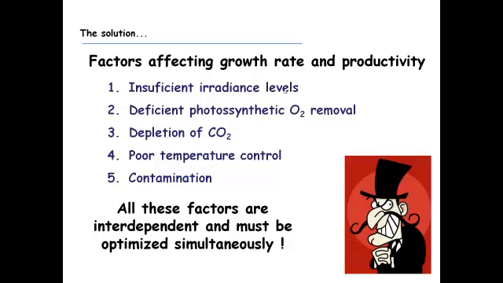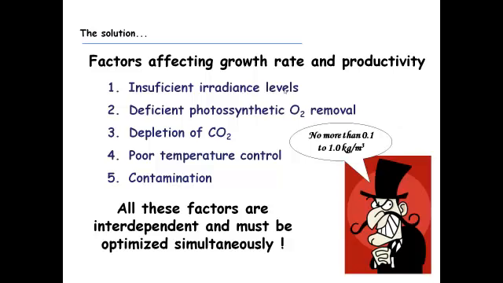Another problem that may occur is the depletion of CO2. Another one is poor temperature control and also contamination. The problem is that all these factors are interdependent and must be optimized simultaneously.